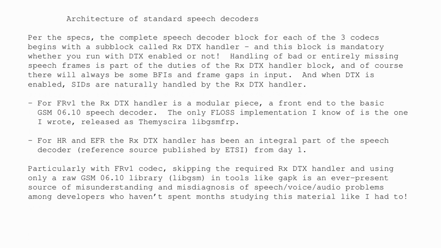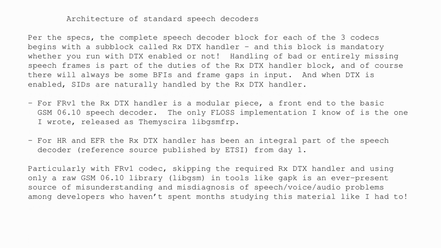It's easy to confirm that the libgsm included in lots of Linux distros already is a truly correct implementation of a 6.10 encoder and decoder. But there is this little but there, is that what's missing is the RxDTX handler.